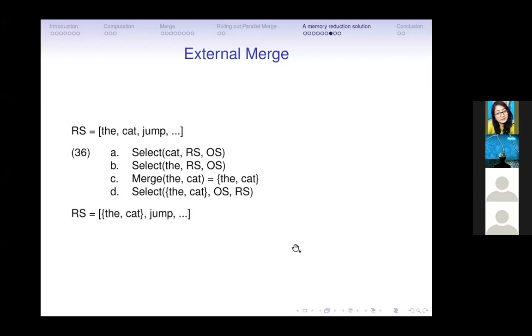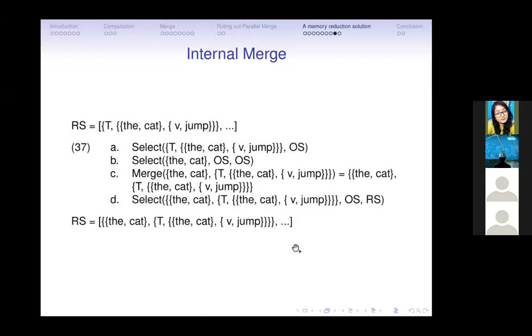What about internal Merge or movement? This one looks a bit more complicated, but I maybe should have done this as a tree so it looked more familiar, but I've done it as a structured object. So if you have a look in the resource space, it's really just got one thing in it, this complex object, which is basically what syntacticians think of as a clause with the subject, "the cat", low down in that clause, okay? The idea would be that you take that whole object from the resource space, put it into the operating space.